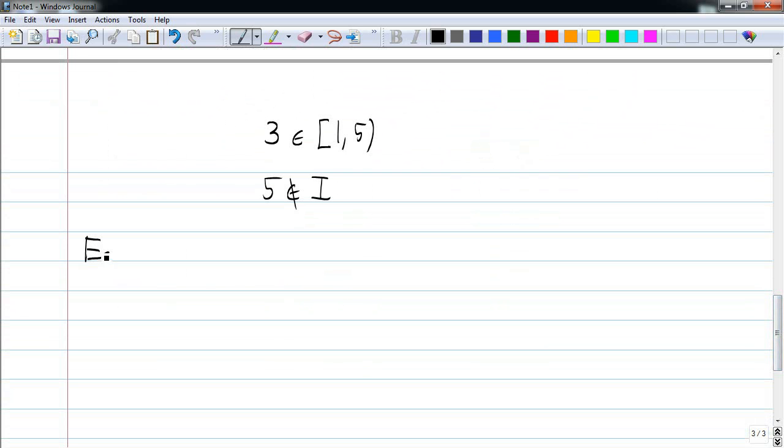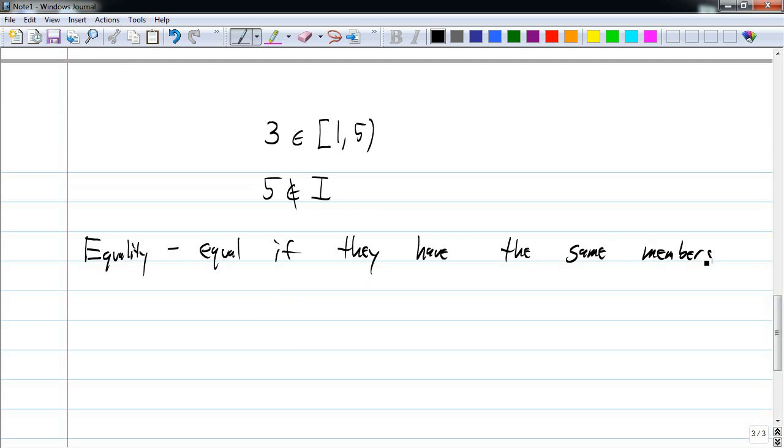Two sets are equal. Set equality. Two sets are equal if they have the same members. And it's got to be exactly the same. Order doesn't matter. So let's think about this set 1, 3, and 5.